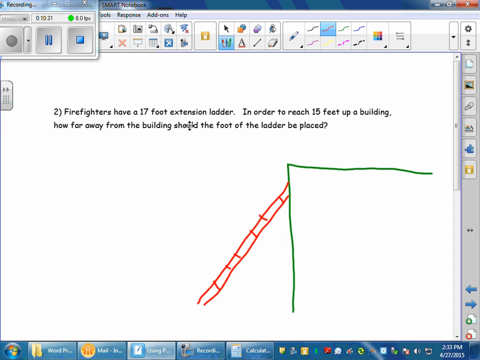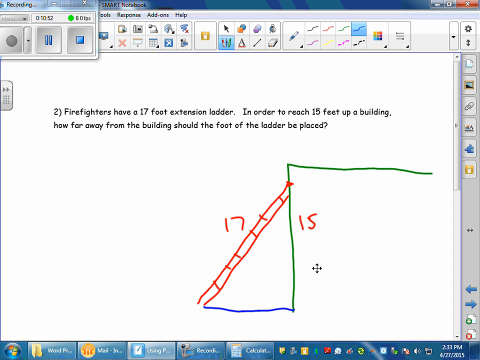It says have a 17-foot extension ladder, so the ladder itself is 17 feet. We want to reach 15 feet up the building. We want to be right here, is 15. So it wants us to figure out how far away from the building should the foot of the ladder be placed. It wants us to figure out this blue line.